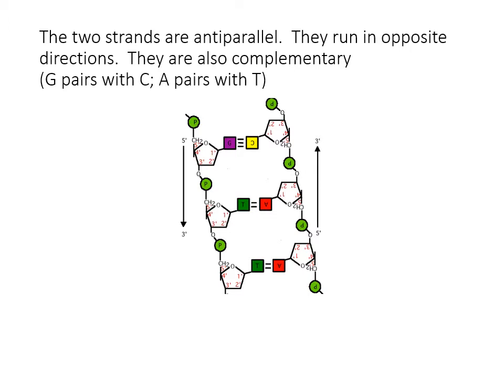Okay, so if you put those 2 together, you have to recognize that the 2 are antiparallel in that the sugar-phosphate backbone is running in the opposite direction on the opposite strand. The first strand on the left is running 5' to 3'. We can see the 5-carbon stuck at the top and running successively down the line till we have a free 3' hydroxyl on the bottom.